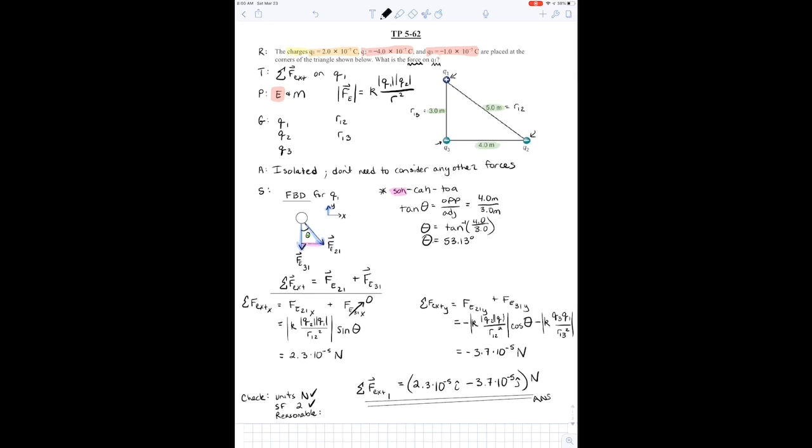The reason we know it's reasonable is because charge 1 is a positive charge, so it is going to be attracted to both charge 3 and charge 2, which means if our coordinate axis has positive y going up, then it's going to want to travel in the negative y direction, and it's going to be some mixture between both charge 3 and charge 2, so it will have a positive x direction motion. So that's where it makes sense with what we have listed here in our values.